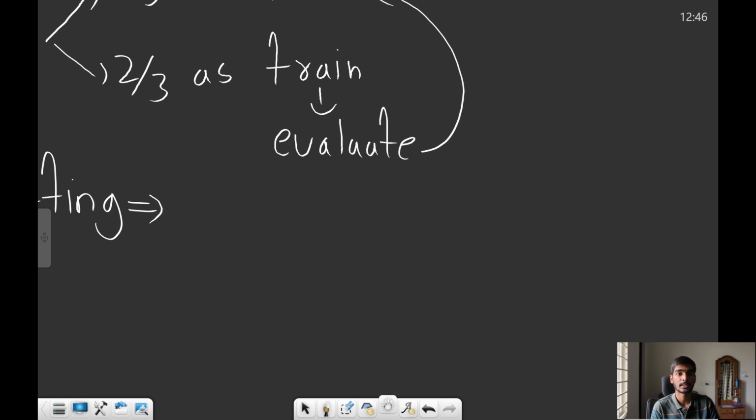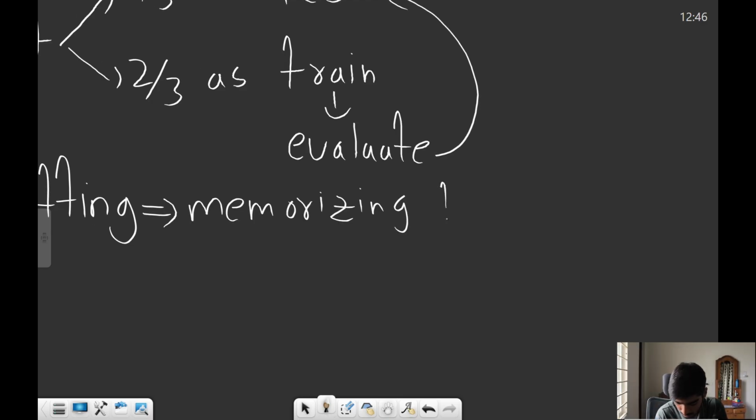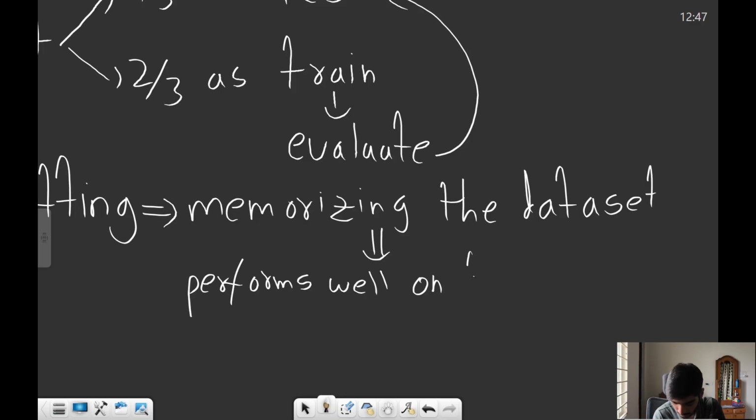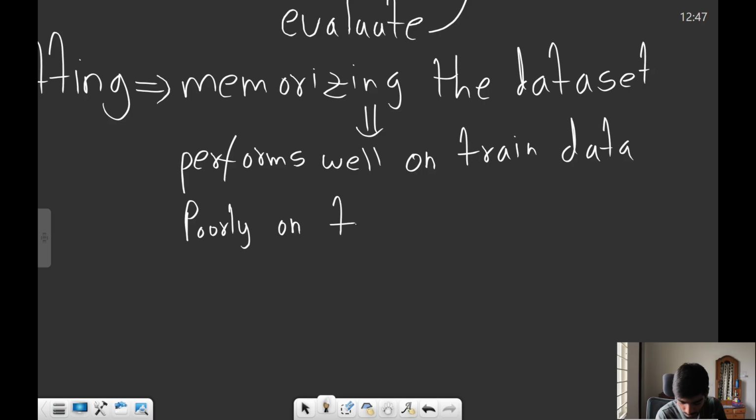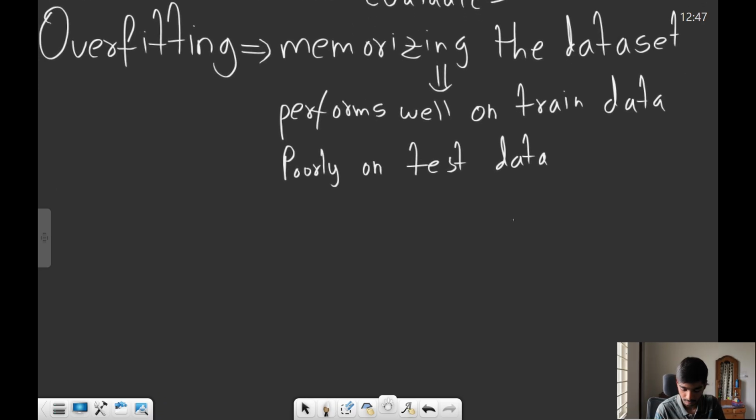But when you test the same model on test data, it performs poorly. So this is because of overfitting. It memorizes the values of the dataset instead of learning the underlying patterns. Memorizing the dataset performs well on training data and poorly on test data. This is called overfitting.